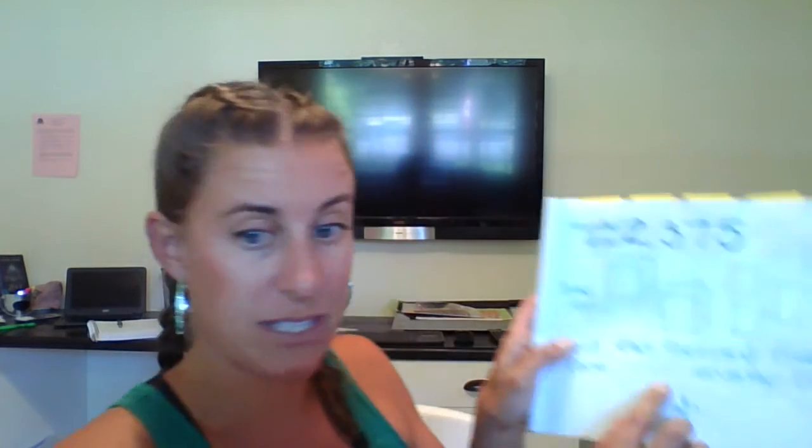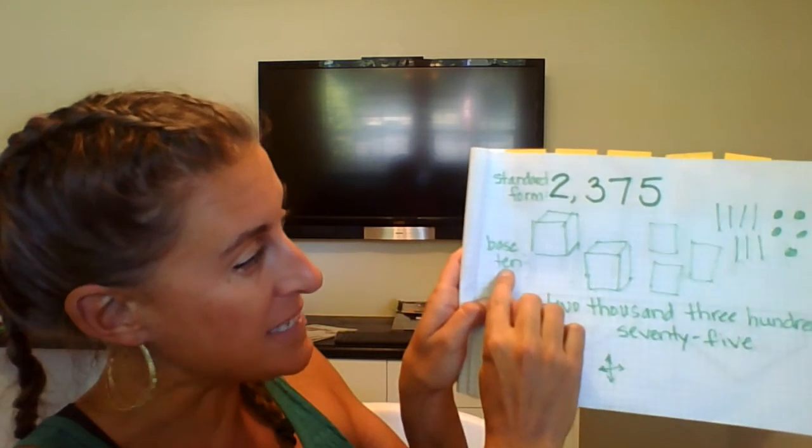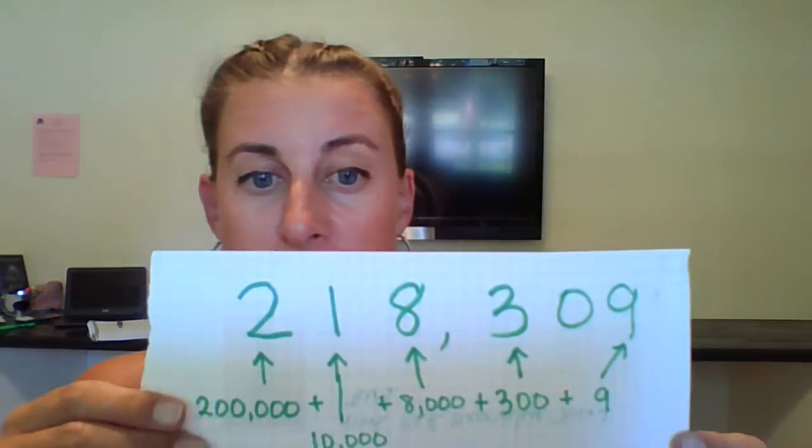Well, you guys are going to get a chance to practice again, recognizing those 4 different forms. Standard form, when we just write the number out like regular. Think about where it lives. Word form, that's when we write it with letters instead of digits. Or base 10, when we draw it out. Or expanded form, what we just talked about today.